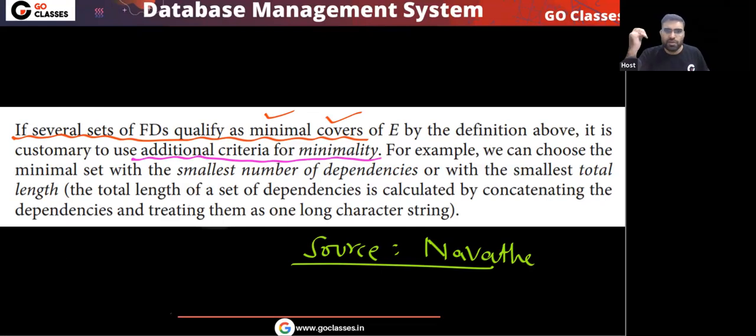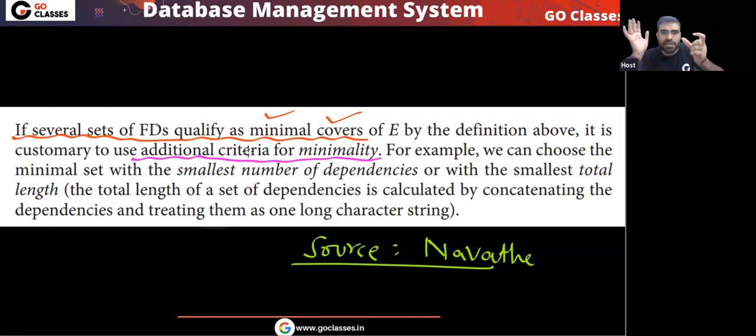Is there anyone here thinking, sir, if the question asks which minimal cover will have the minimum number of FDs, that question makes sense? Let's assume this condition is given to you in the GATE question: that on the RHS you have a single attribute, and which minimal cover will have the minimum number of FDs.